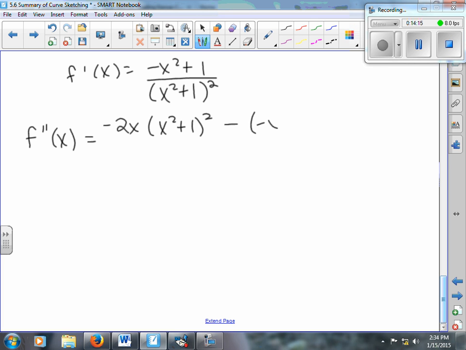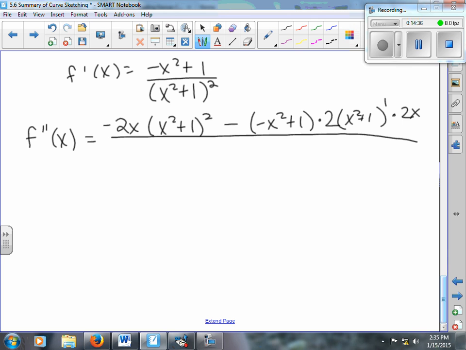Now I minus the top, and I multiply by the derivative of the bottom. Be careful here. This is a quantity squared, so I'm going to use the chain rule. So I have the power 2 now to the first, keep the inside the same, multiply by the derivative of it. All divided by the original denominator squared. So squaring a square is to the 4th now.